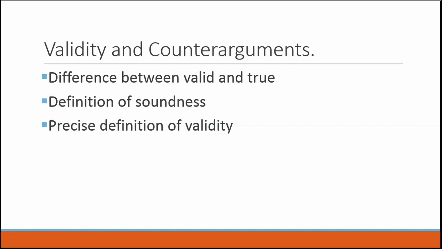The precise definition of validity is that if all the premises were true, it would be impossible for the conclusion to be false. Make sure you understand it. Don't just memorize it. If you don't understand it fully, ask questions about that definition in class, because everything in the rest of the class is going to be built on that definition of validity.